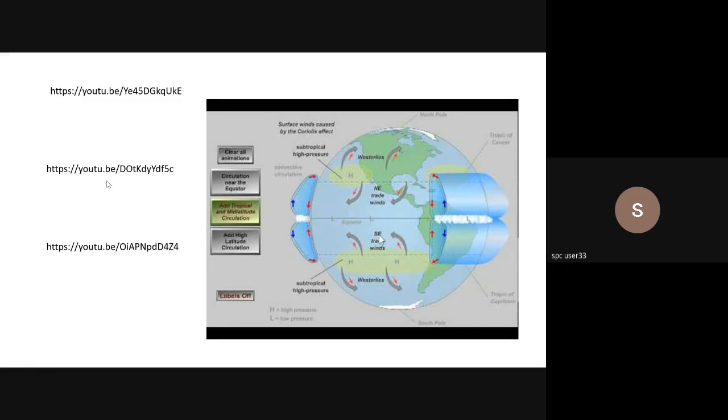Let me tell you that we spoke about this happening here. At 0 degrees, it is rising, and that is why you have low pressure, and that is why you have the clouds here, and then it's descending down here. So this is your Hadley cell of the northern hemisphere. This is your Hadley cell in the southern hemisphere.